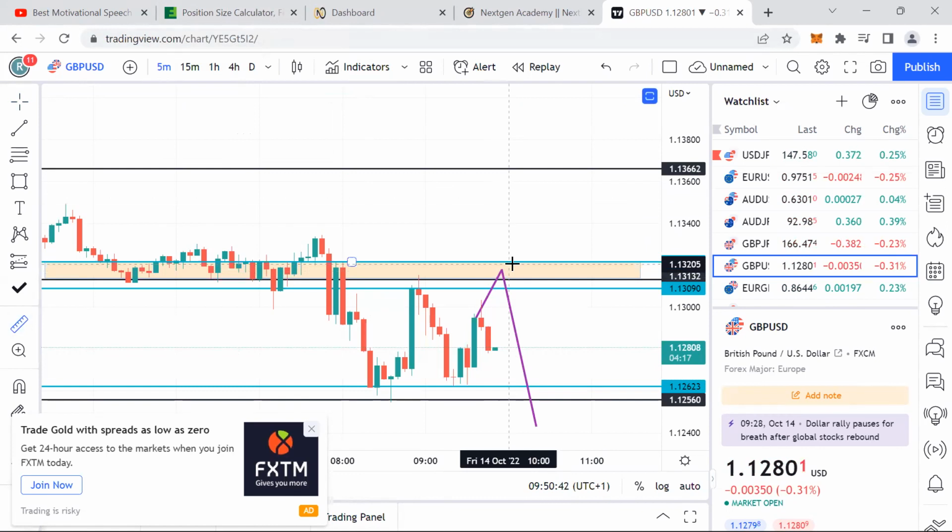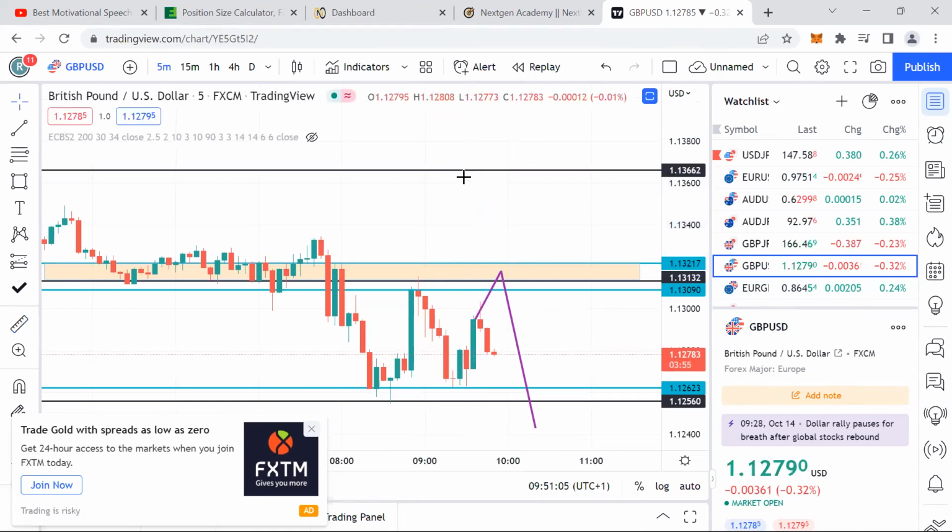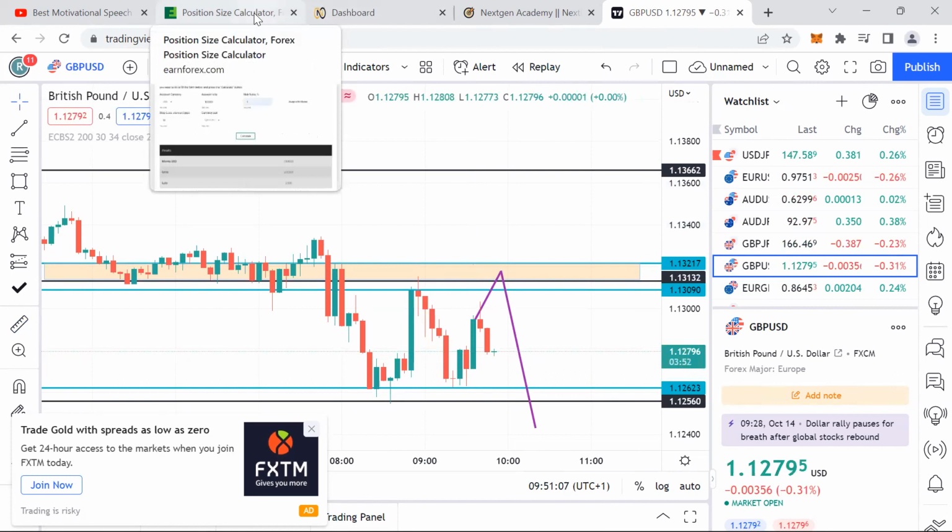So you take this ruler. This is what you use to measure stop loss. You take it, and this stop loss is 45 pips. It's within range. We can take it. It's not so far. So we know our stop loss, the next resistance zone is 46 pips.